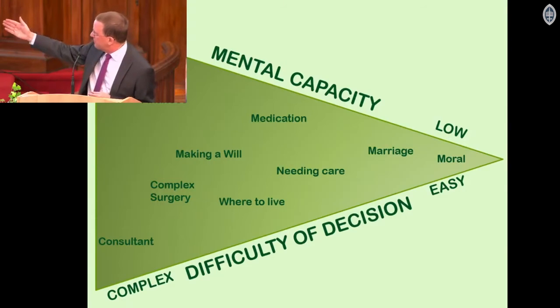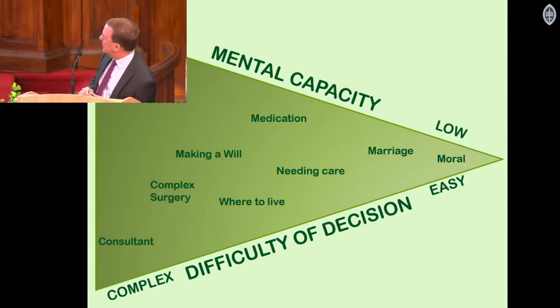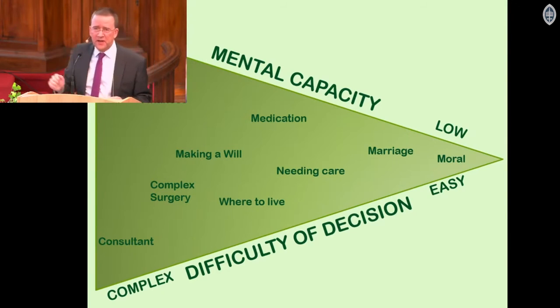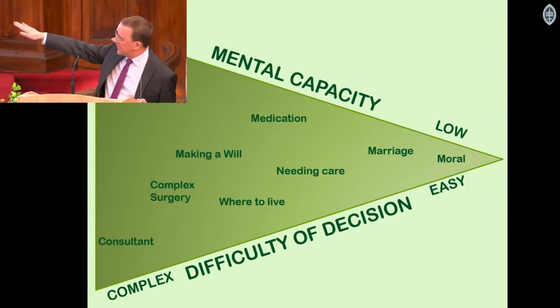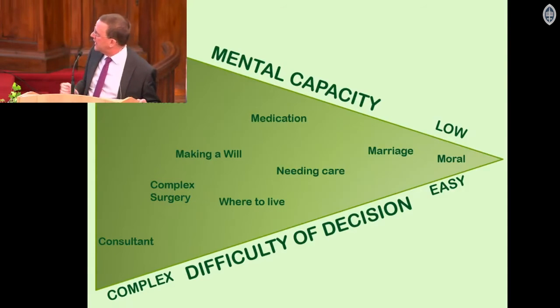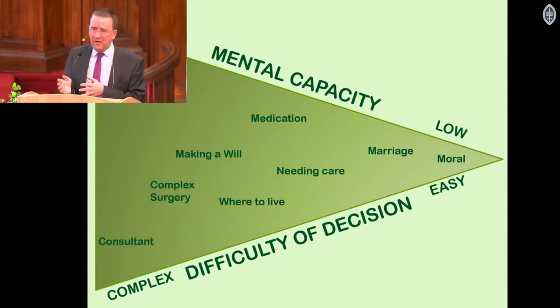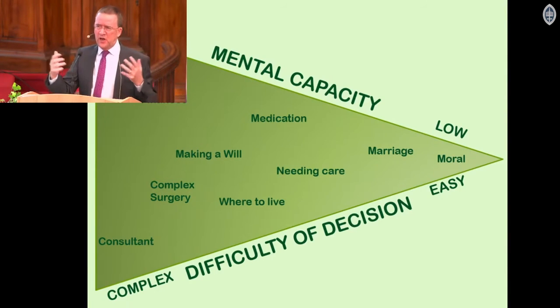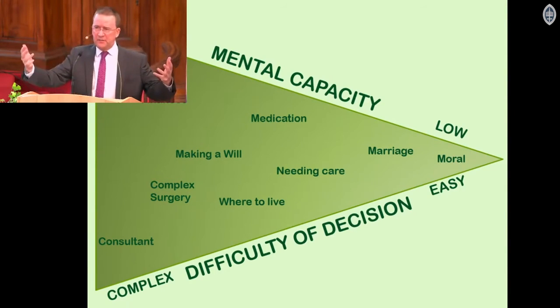So I've put there, where is it? Oh, it's disappeared. I had LPAs on there. So making a will and then a lasting power of attorney, they're in the kind of middle area. So making a will is a bit easier because most of us grow up, we know the idea of making a will, it's leaving my possessions to people I want to have them.